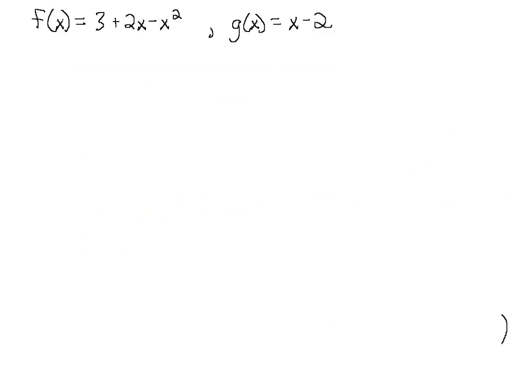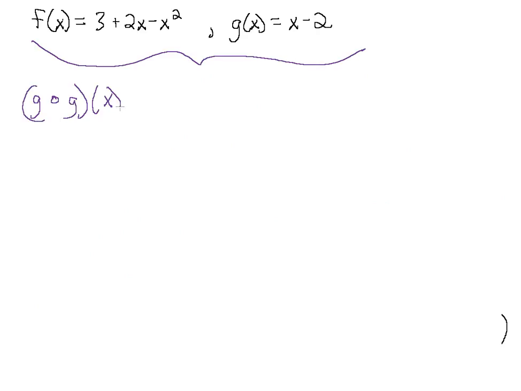Using these two functions, let's take a look at g of g of x. Don't get excited here about the same function appearing twice. We'll handle this composition the same way. All this means is we're plugging one function into itself. So everywhere we see x in our g of x function, we're going to plug in x minus 2.